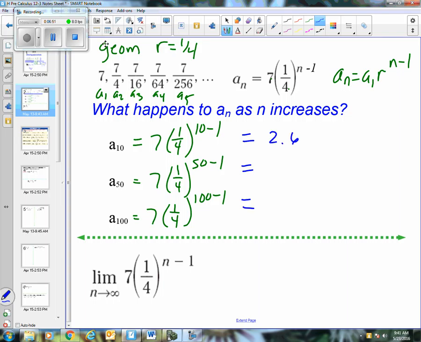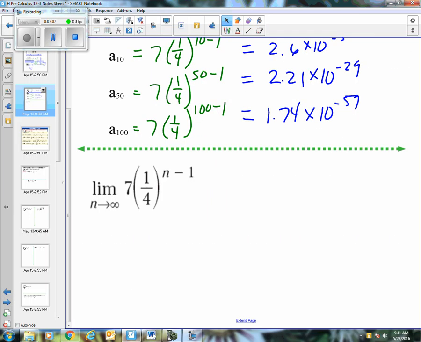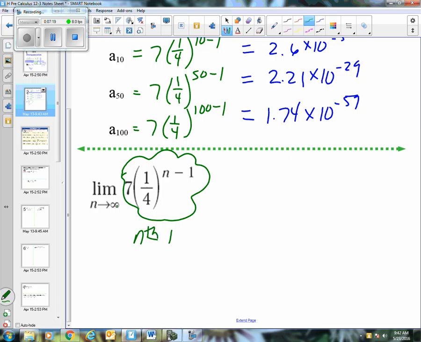So for a_10, it's already to the -5th power. For a_50, we're at the -29th, and by a_100, already at the -59th power. These are tiny, but it definitely looks like it's getting closer and closer to 0 for sure. So let's talk about how we would write the limit statement. The limit as n approaches infinity, so we're talking about infinite limits, end behavior, of, and remember what comes next, this is our nth term, our a_n formula, that's the rule, how we generate the terms in this sequence.